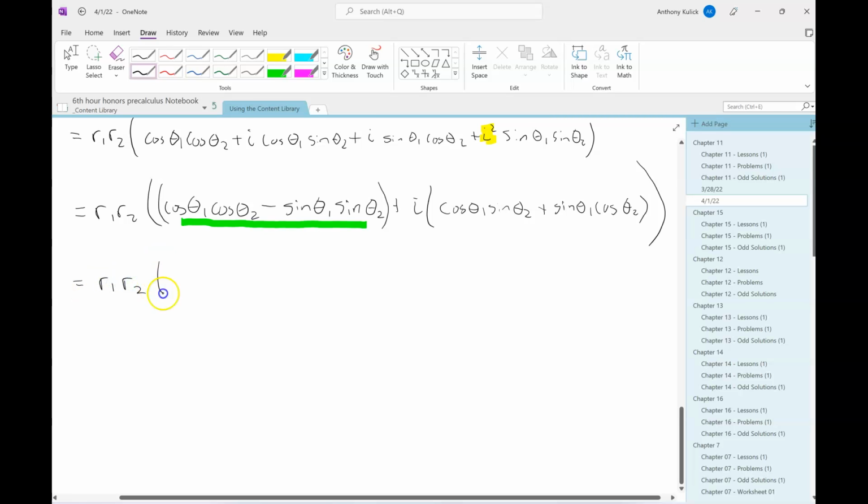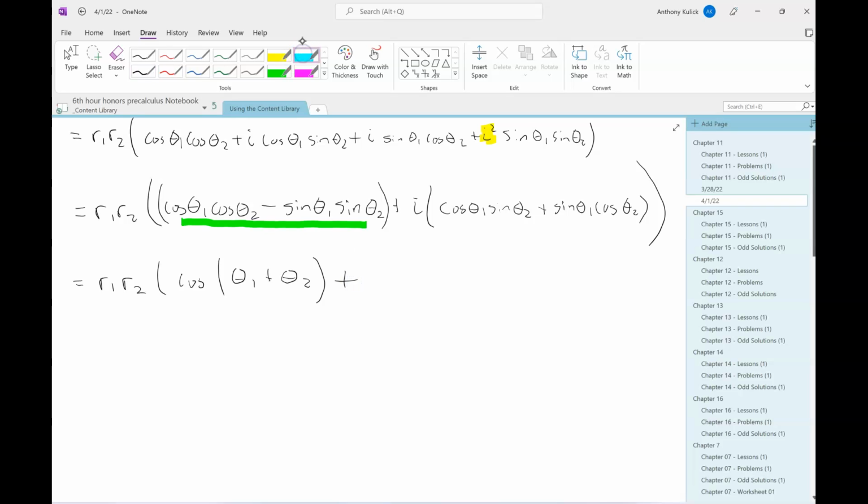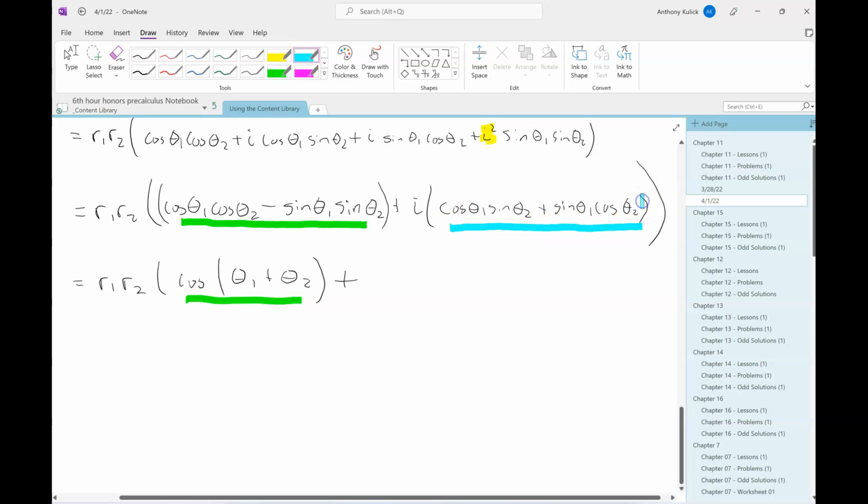It's the cosine of the sum of two angles. What about this one? Does that look familiar? It should, because it's another identity. It's the sine of the sum of two angles.